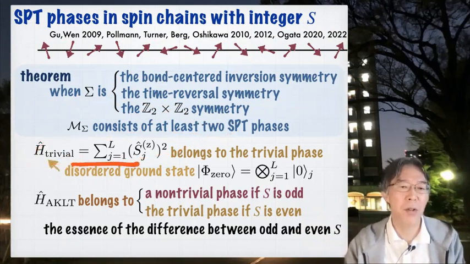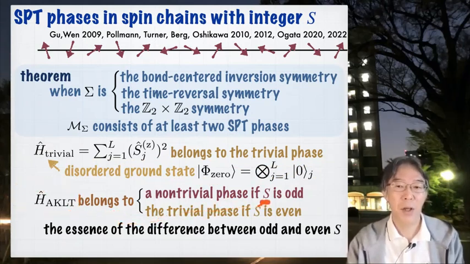This is very trivial. It's simply the sum of (S^z)^2. Its ground state, of course disordered, is the state which I call the 0 state, just a simple tensor product of 0 states. So this belongs to the trivial phase. What about the H_AKLT? The AKLT Hamiltonian again depends on the parity of S. It belongs to a nontrivial SPT phase when S is odd, 1, 3, 5.